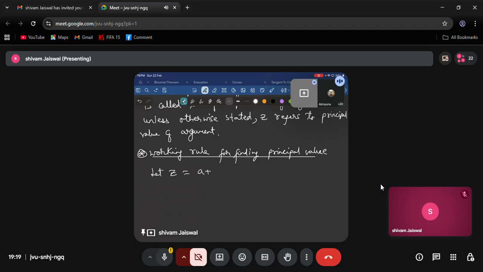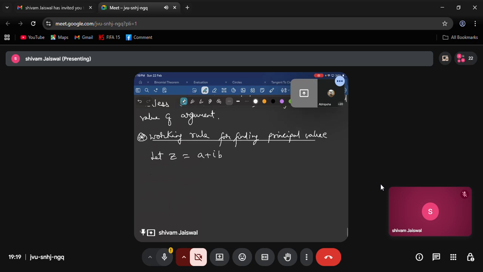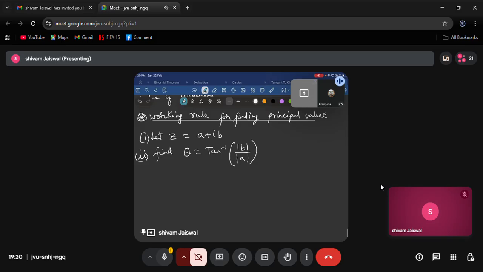Then, number one, find the modulus. Number two, find theta (alpha) is equal to tan inverse of mod b by mod a. Okay, only the positive one.